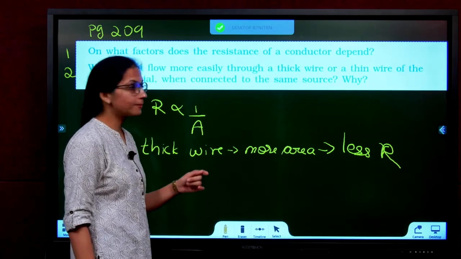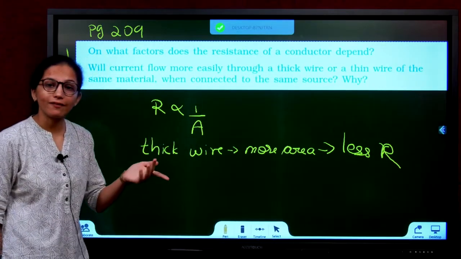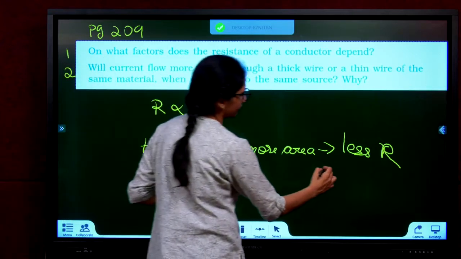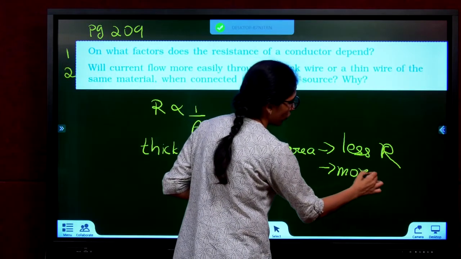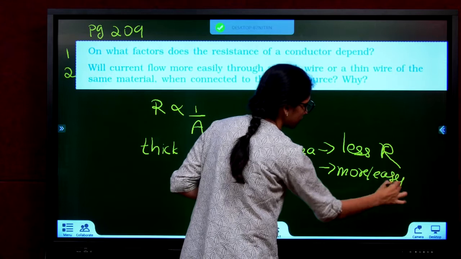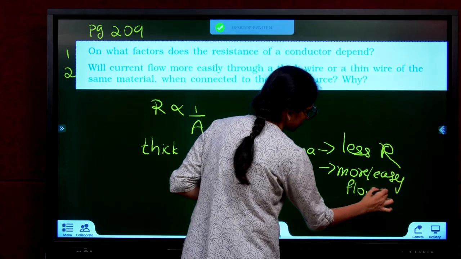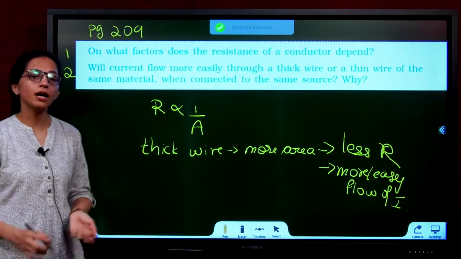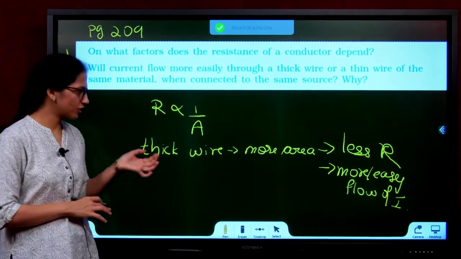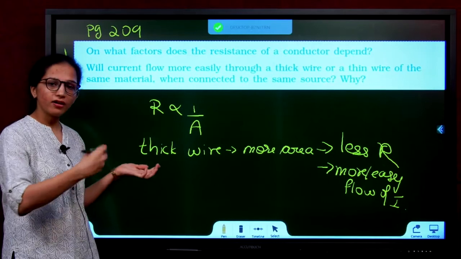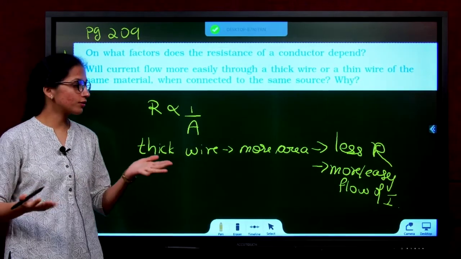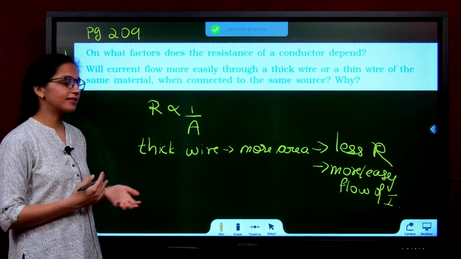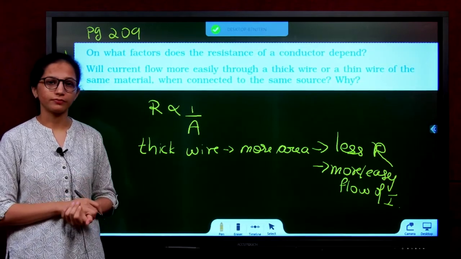Less resistance means more current can flow. Easy flow of current. Therefore, your answer is, it will be easier to flow through a thick wire. You have to justify all this and write in words how it comes. Please use the notes for reference. Everything is given in detail in the notes section.